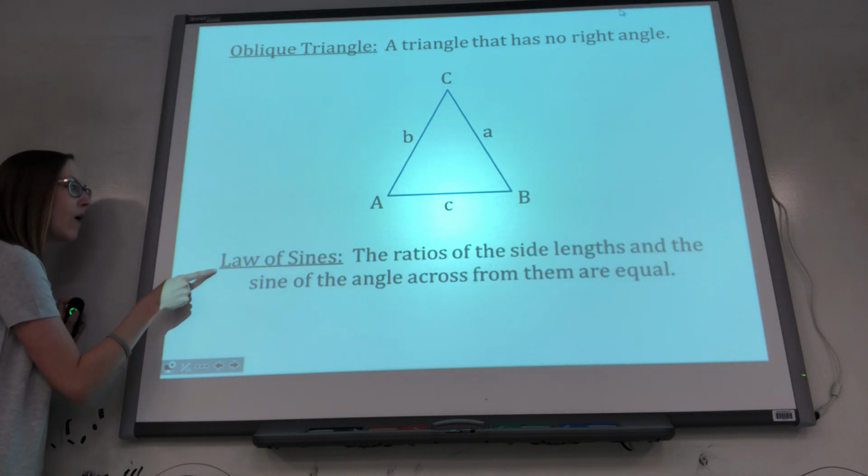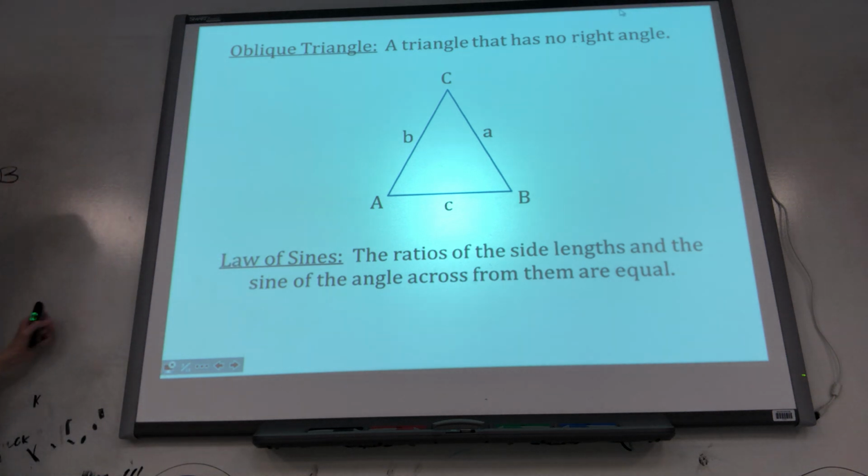Okay, now this is sort of what the law of sines is in words, and then I'll also give it to you as a formula. It says that the ratios of the side lengths and the sine of the angle across from them are equal.